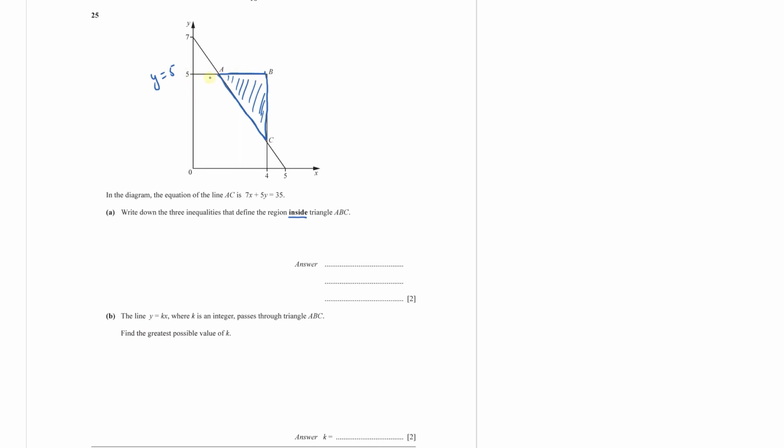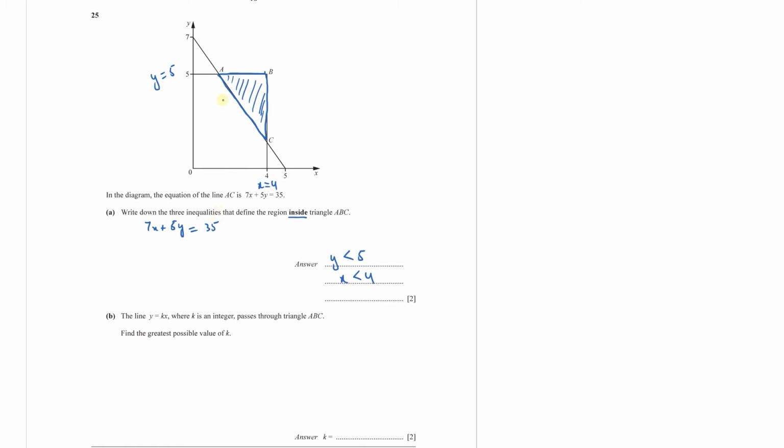So the region is below, so your inequality will be y is less than 5. Similarly, for the line BC here, the equation is x equals 4. And since the shaded region is towards the left side of this line BC, your inequality will be x is less than 4. The third line is this AC, and you're given this equation 7x plus 5y equals 35.